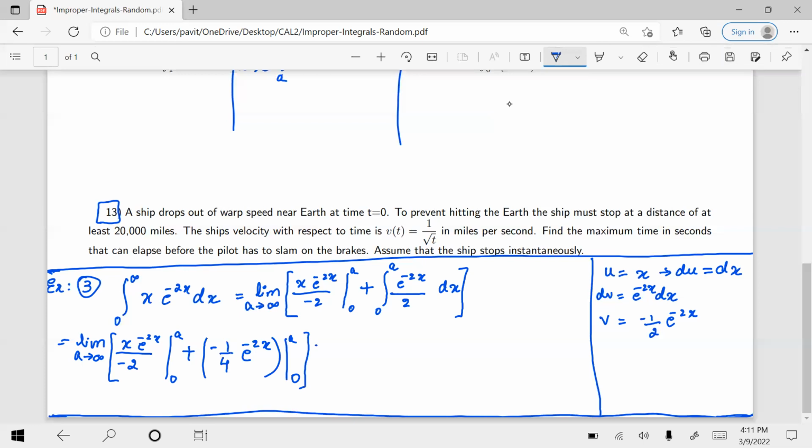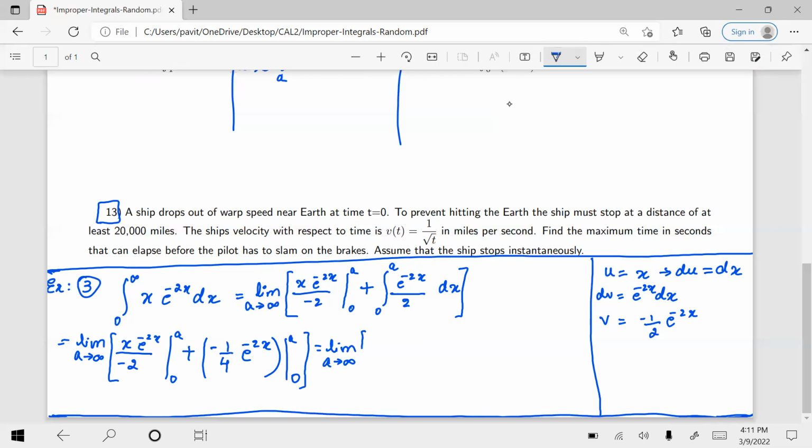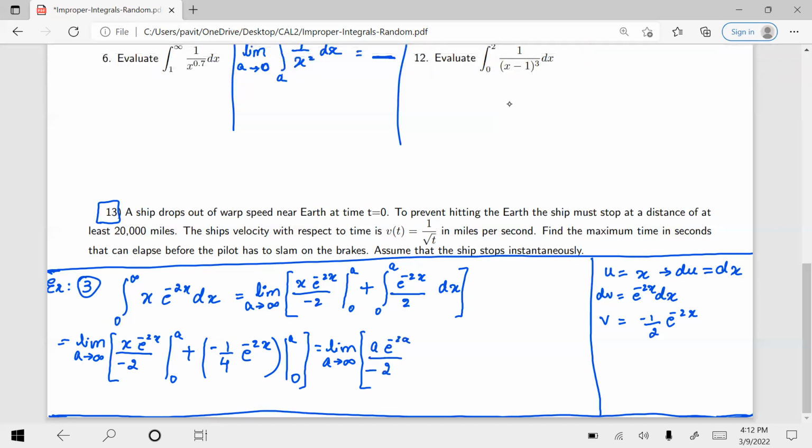Okay, now how can I plug this here? This is limit a tends to infinity, a into e power minus 2a divided by negative 2. I will not use zero limit because that will just give me 0. So let me neglect that.